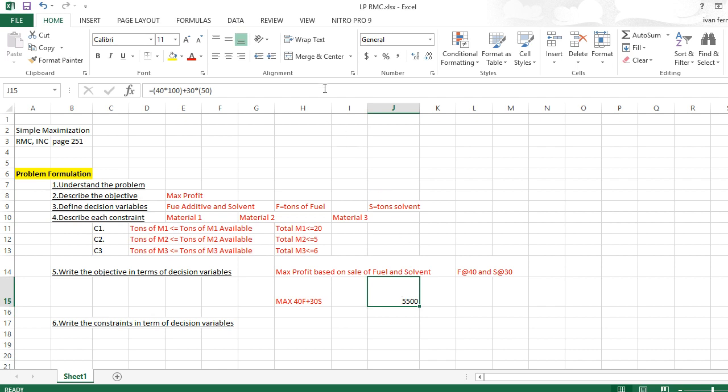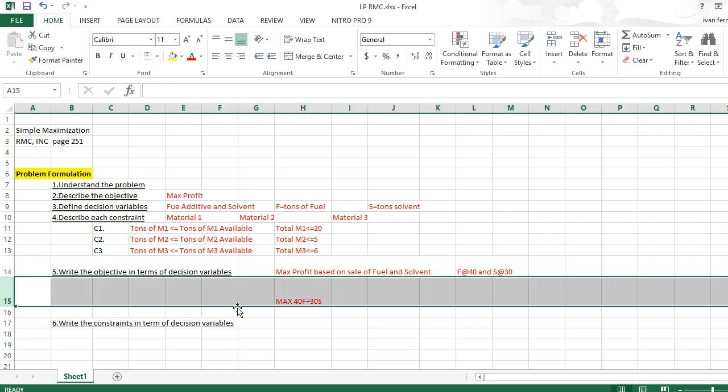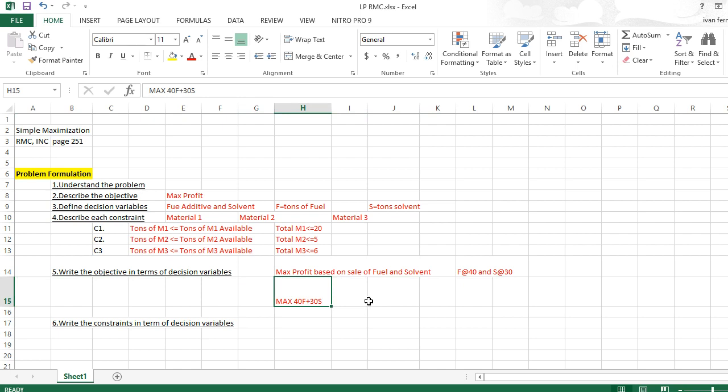There you go, 5,500. That's simple. I'm just throwing some numbers there. I don't know if those numbers maximize our profit based on our constraints. We're going to figure that out. I'm going to delete this because it was just an example. So again, that is your mathematical objective: maximize 40 times F plus 30 times S.